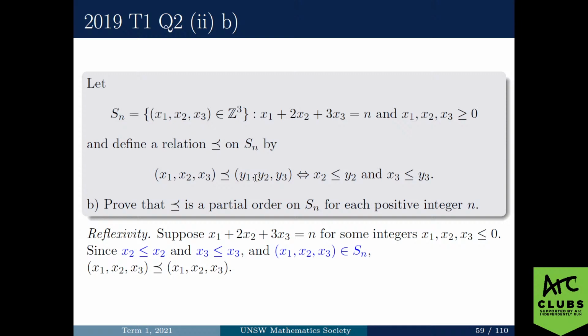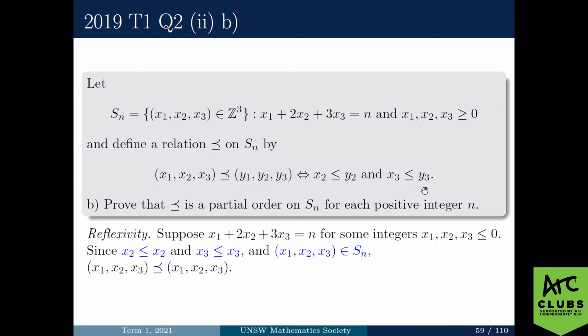And we're trying to prove that the tuple x1, x2, x3 is related to the same tuple x1, x2, x3, okay? Because we know that this is in fact an element of the set, these two tuples are related to each other because they satisfy this one condition, that x2 is less than or equal to x2 and x3 is less than or equal to x3. So that's a pretty simple proof.